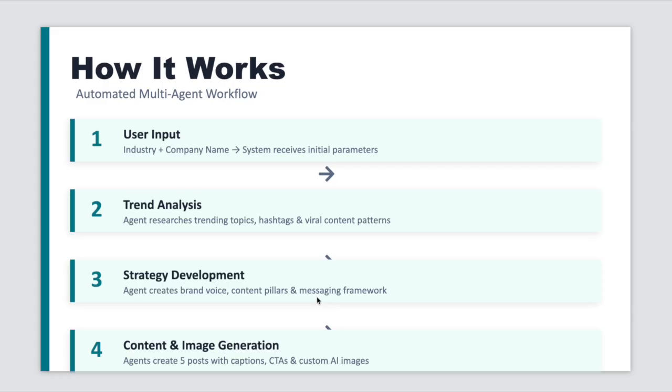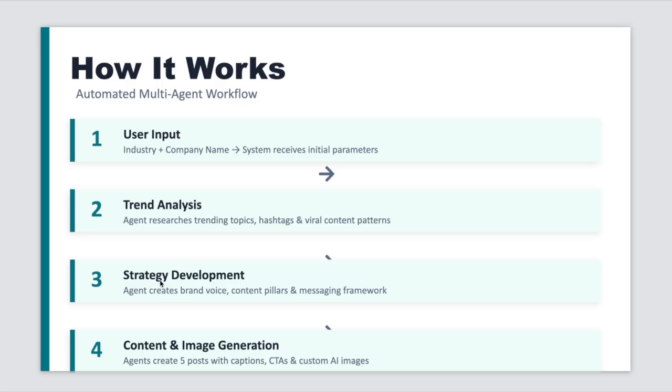Perfect. So here is the overall idea as we have seen. We will ask the user to provide the industry name and the company name, so that we can start our search. These are the inputs, and these are the agents which will do the individual tasks. For example, trend analysis will research all the trending topics relevant to the company and the industry type, and the content will be passed to the next agent, which is strategy development.